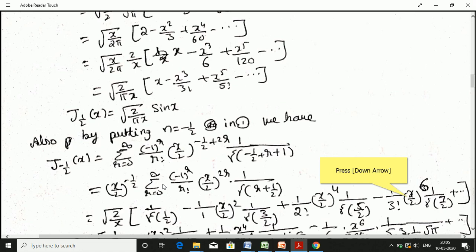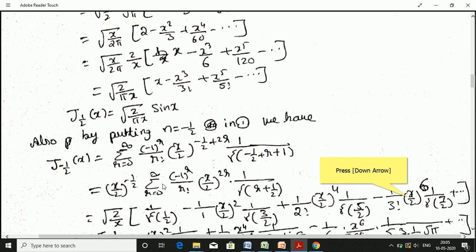Okay, x by 2 to the power of minus 1 by 2 is nothing but 2 by x to the power of 1 by 2, that is nothing but square root of 2 by x. Okay, if I expand this, r equal to 0, minus 1 power 0 is 1, 0 factorial is 1, x by 2 power 0 is 1, 1 over gamma of 1 by 2.